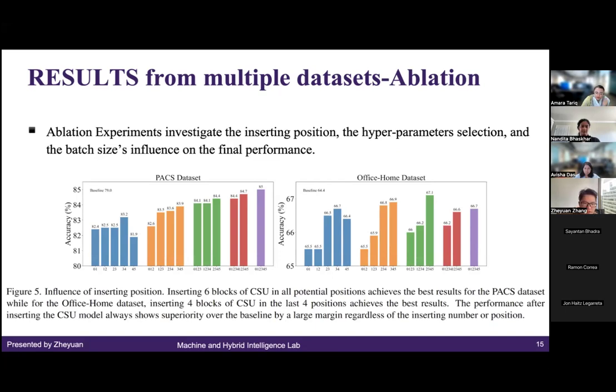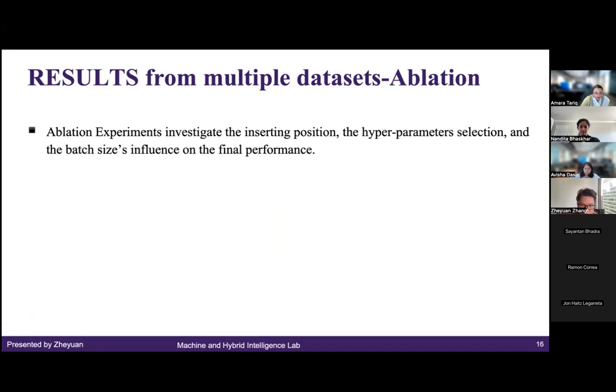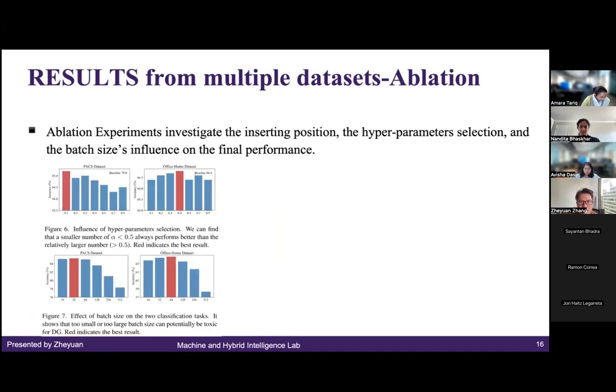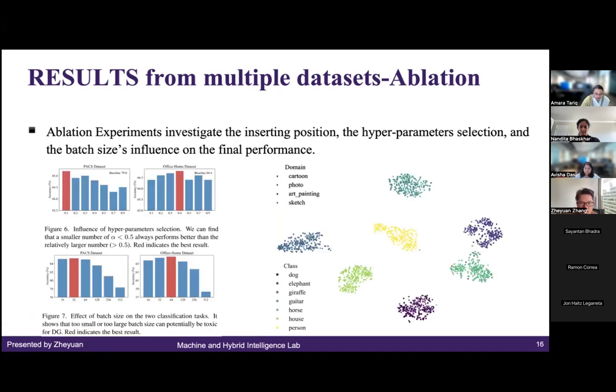But for other datasets, other configurations might be the best. Overall, inserting this block in the deeper features might be better for classification. The influence of hyperparameters is also investigated, like the batch size and the augmentation values, like the alpha.